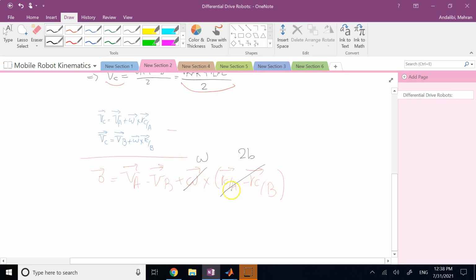So the magnitude of the cross product is simply going to be the magnitude of the first one times the magnitude of the second one times the sine of the angle in between, which is 90 degrees, so it's 1. And here, if you want, you can take this guy to the other side.